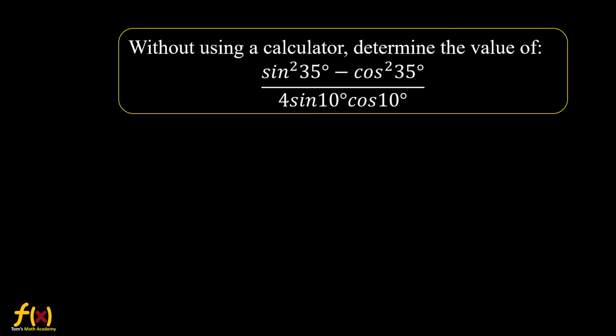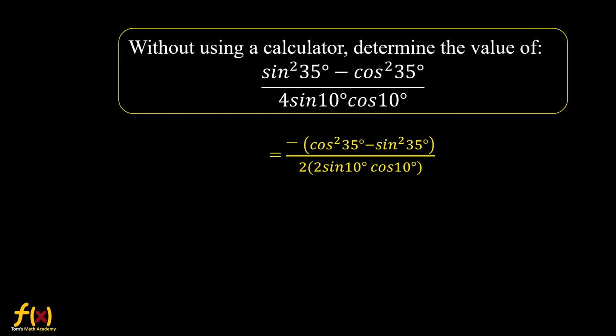Without using a calculator, determine the value of sin square 35 minus cos square 35 divided by 4 sin 10 cos 10. Okay, so we have already learned the double angle formulae. What is the numerator? It is sin square 35 minus cos square 35. Remember, it is not actually cos 2 alpha.